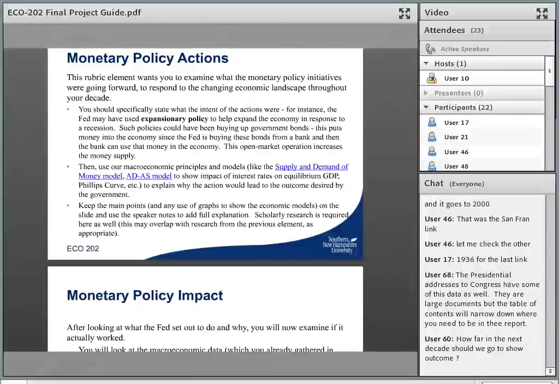I'm just going to, so Deborah asks, how far in the next decade should we go to show the outcome? That's a good question. I'm not sure that I have a definitive answer for you other than whatever you think is appropriate. I know that kind of gives you too much latitude.